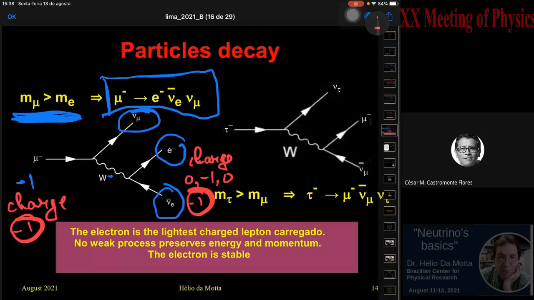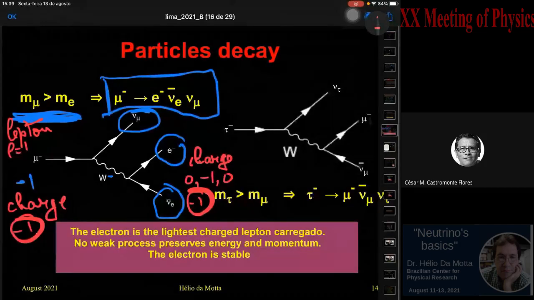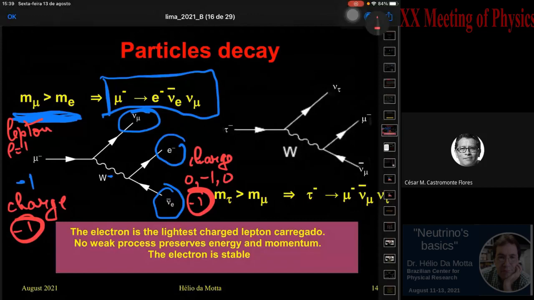What about the lepton number? Here we have a muon. The muon is a lepton, so L is equal to 1. And on this side, we have a muon neutrino. That's also a lepton, so L equal to 1. And then we have an electron. The electron is also a lepton, so L equal to 1. So we cannot have here an electron neutrino, because an electron neutrino would also be a lepton, and then the lepton number would be 3.